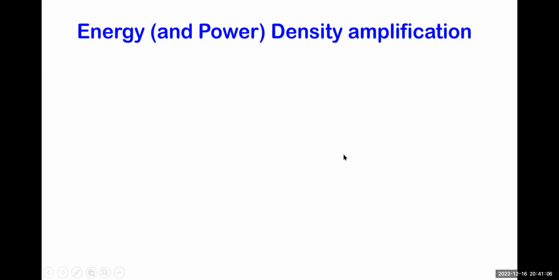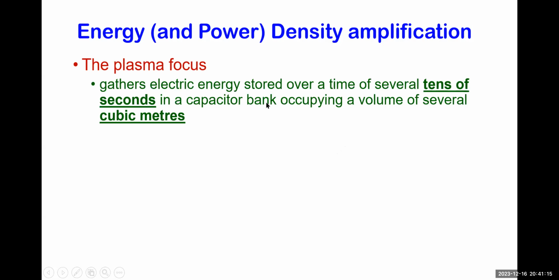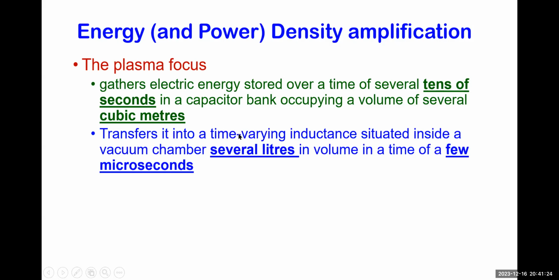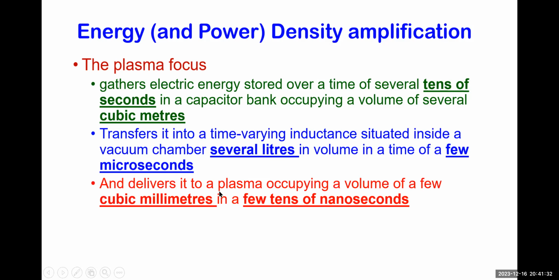So now, what the plasma focus does, among other things, is to provide energy and power density amplification. The plasma focus gathers electric energy stored over a time of several tenths of seconds in a capacitor bank occupying a volume of several cubic meters and transfers it into a time-varying inductance situated inside a vacuum chamber several liters in volume in a time of a few microseconds, and then delivers it to a plasma occupying a volume of a few cubic millimeters in a few tenths of nanoseconds.